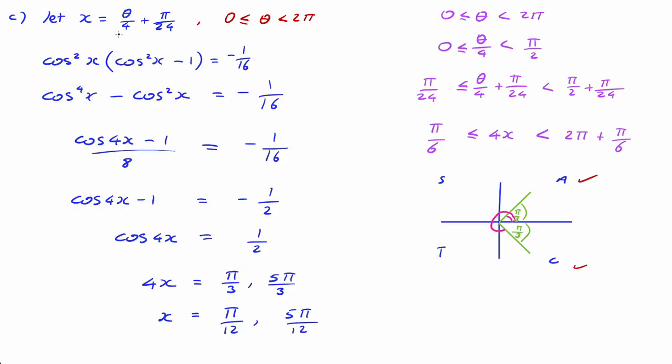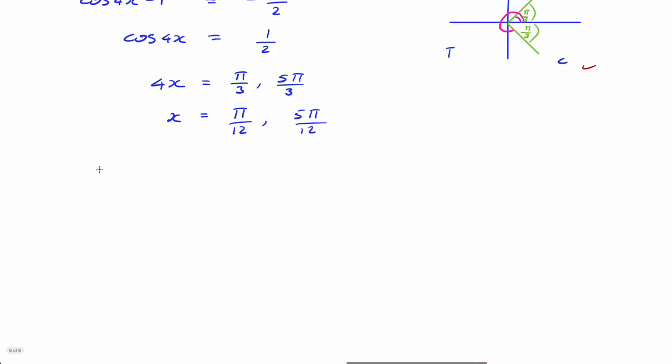So theta over 4, because x is theta over 4 plus pi over 24. So theta over 4 plus pi over 24 equals pi over 12, or theta over 4 plus pi over 24 equals 5 pi over 12. Now solve this however you want, guys. Why don't we make everything over 24?